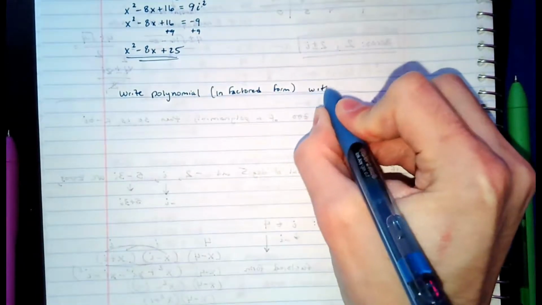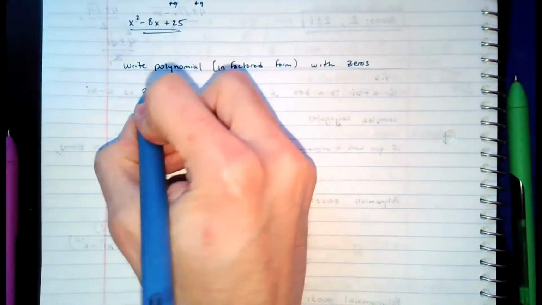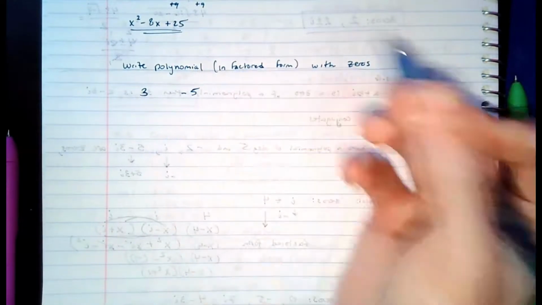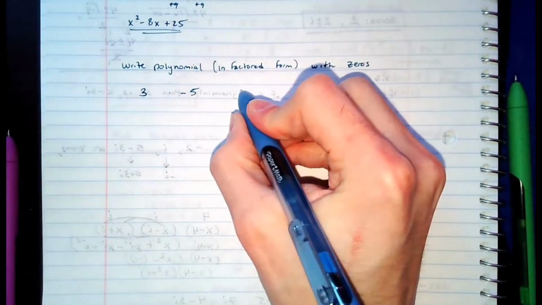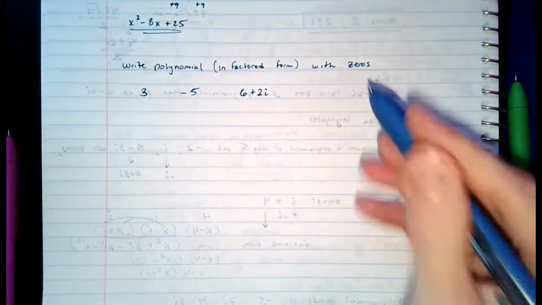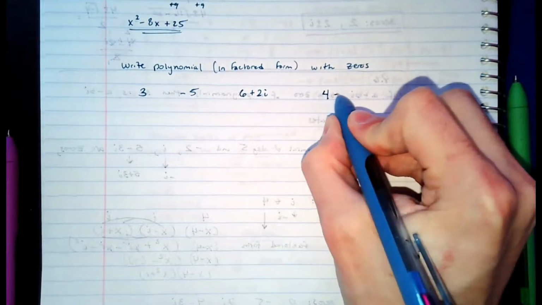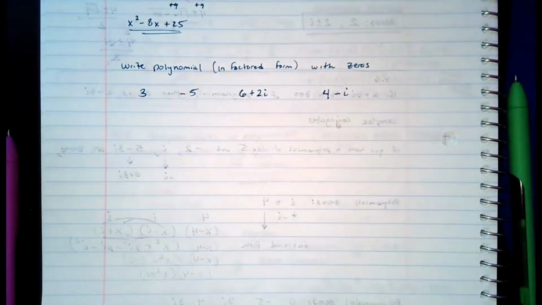So let's say we're going to write a polynomial, in factored form, with zeros 3, negative 5, 6 plus 2i, and 4 minus i. I don't know, we'll do that.